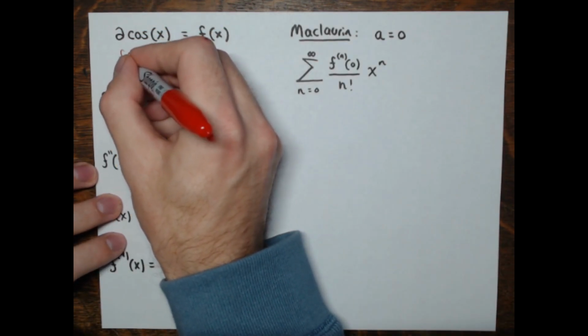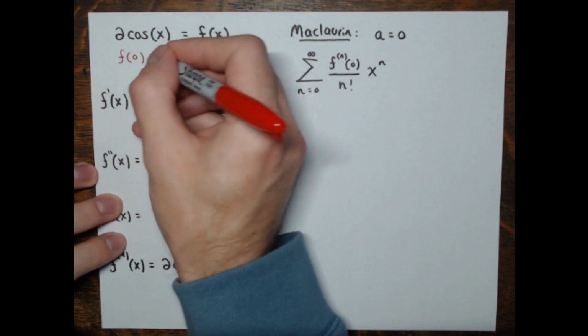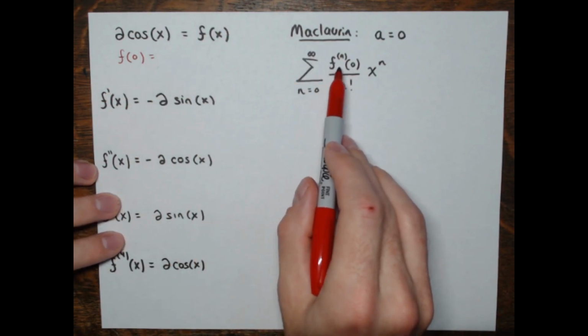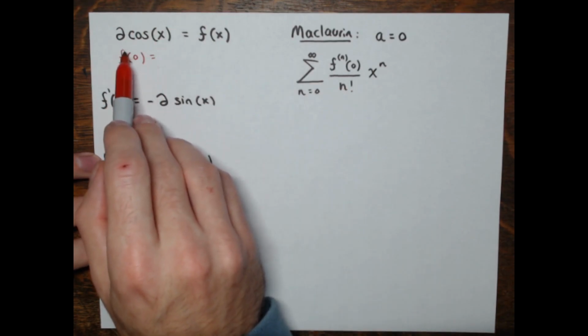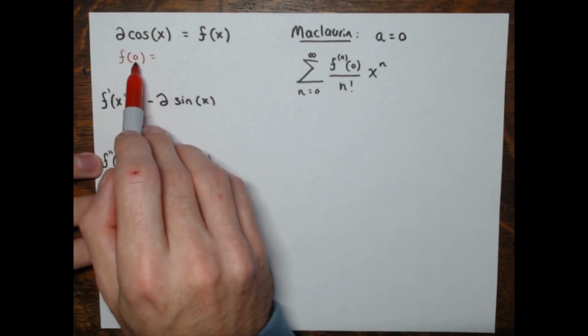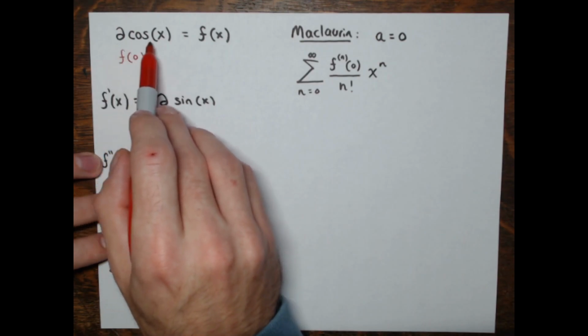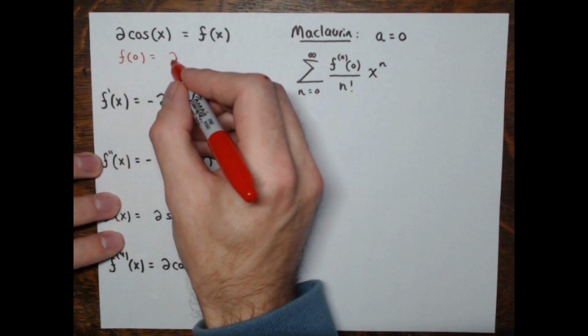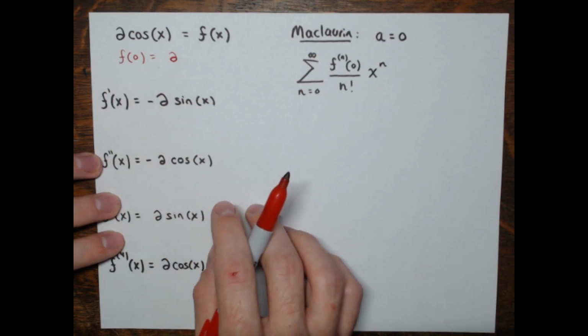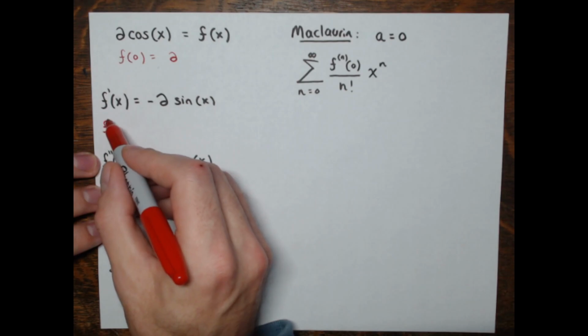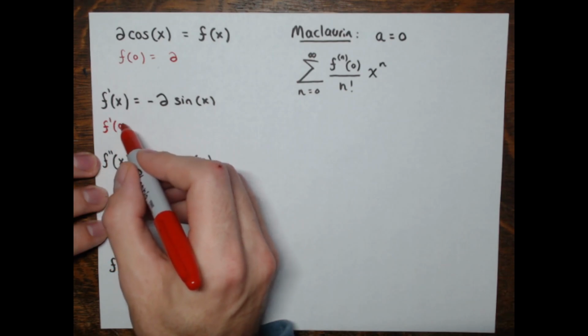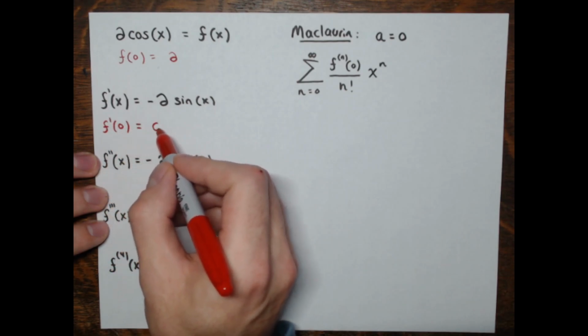And for the Maclaurin series here, I'm evaluating all of these at 0. The 0th derivative, remember, is just the original function. At 0 that would be 2 times the cosine of 0, which is just 2, right? 2 times 1. And then what we're going to see is that all these odd derivatives at 0 are just 0.